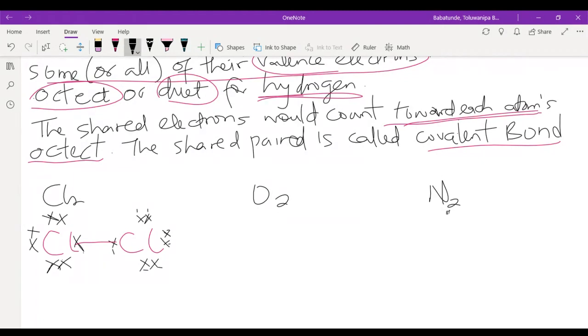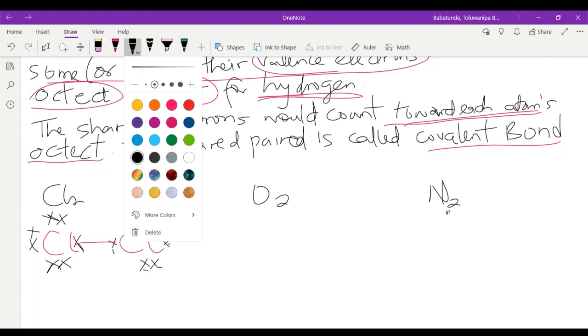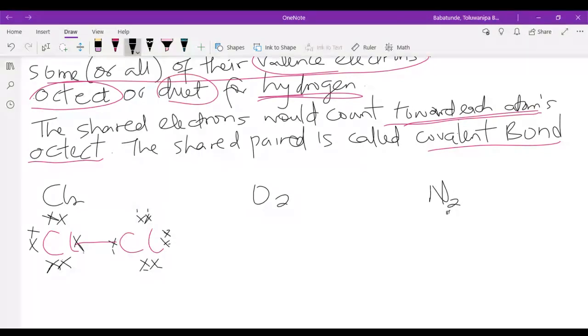Each of these we count towards this chlorine atom this way. So we have 8 electrons for chlorine.